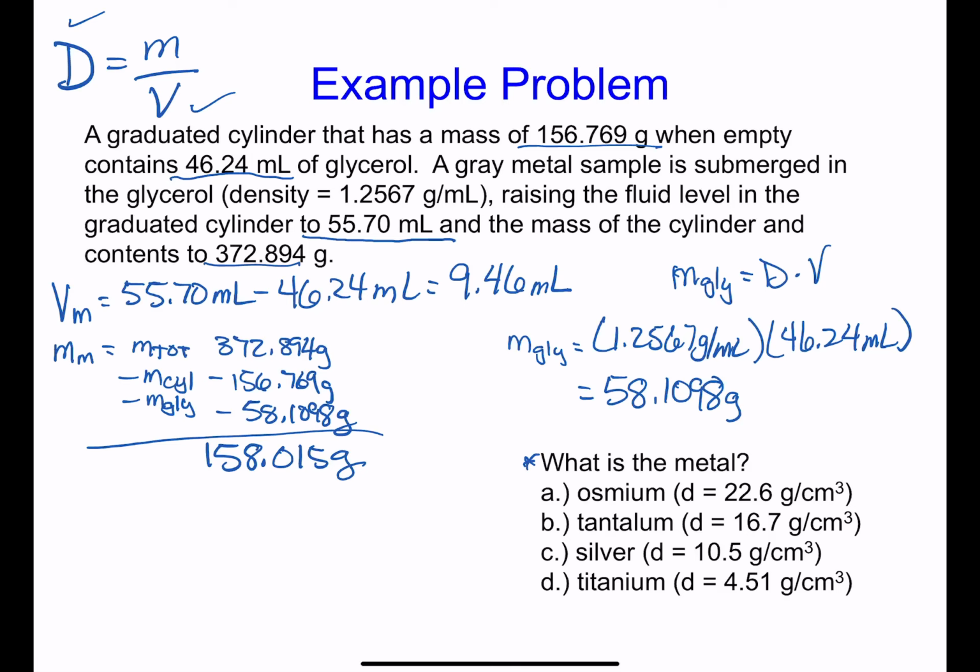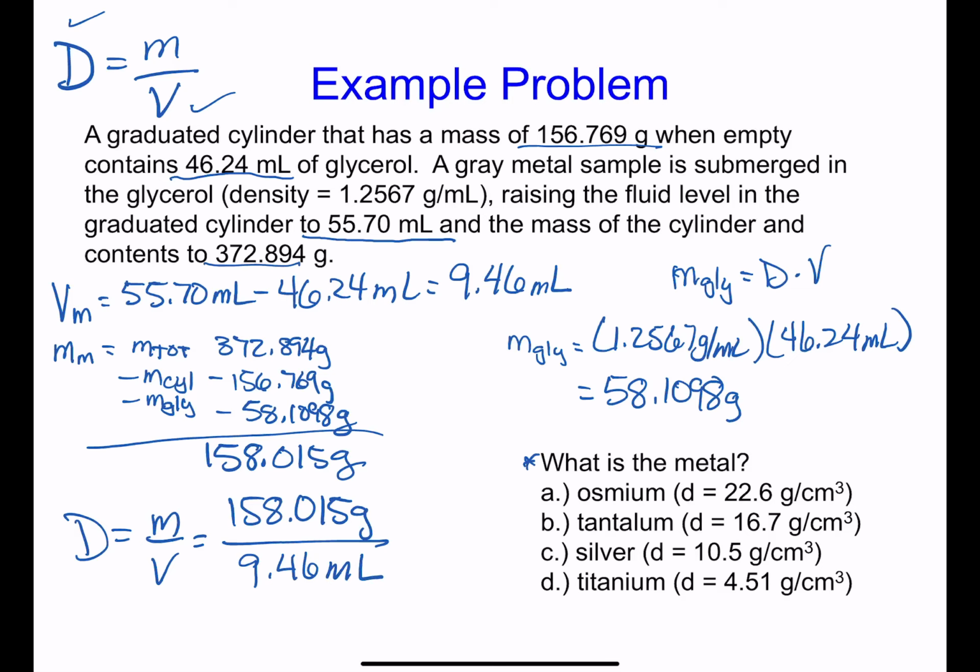Now we have the mass and the volume, and we can determine the density of our metal. So we have our 158.015 grams of metal divided by 9.46 milliliters of metal. And overall, we get 16.703 grams per milliliter.